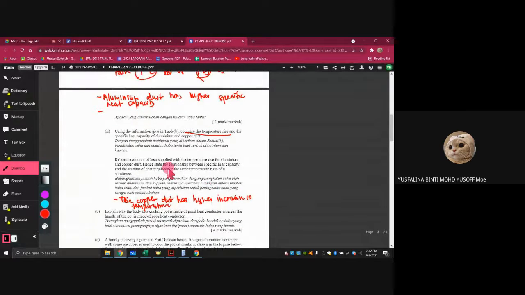The next one, they ask you to relate the amount of heat supply with the temperature rise for aluminium and copper dust.